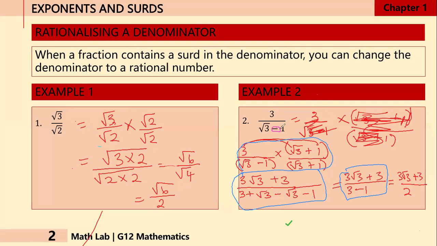Yeah, but guys, this is what we do when you rationalize a number like this. It's like a difference of 2 squared, like the one we did here. Let me just go back to number 1.